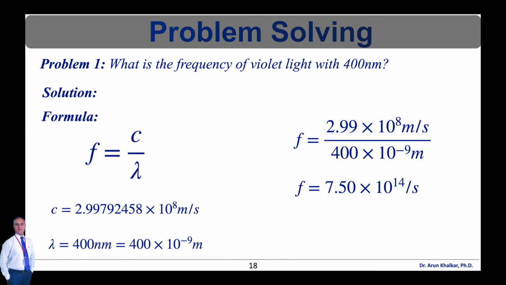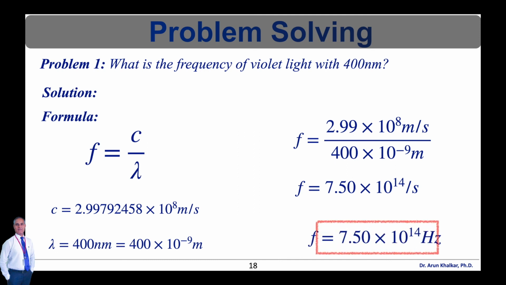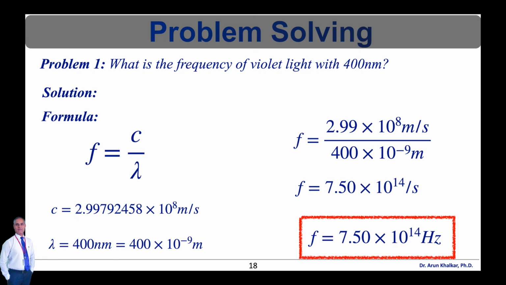So finally the frequency is 7.50 into 10 raised to 14 per second. Frequency is nothing but 1 upon T, that is time, so inverse of that. So f is equal to 7.5 into 10 raised to 14 hertz. So the unit of frequency is hertz. So this is the solution of this problem.